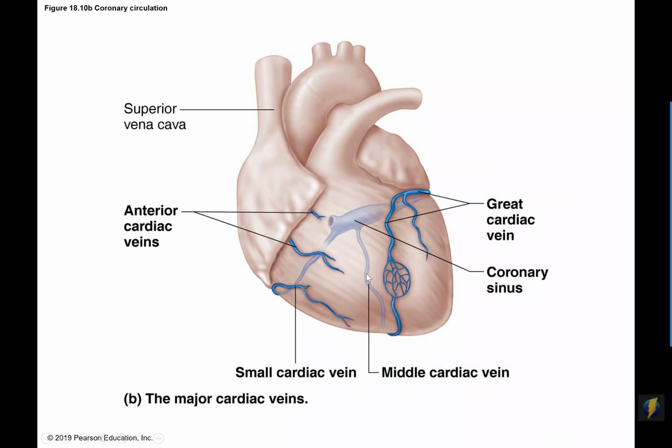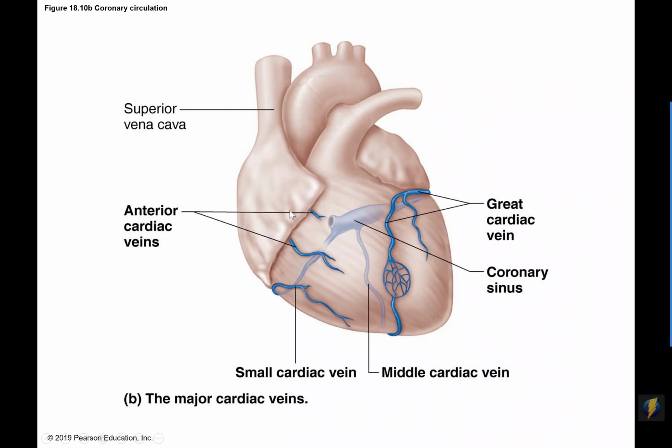If we look at the venous circulation of the heart, in the front we've got the great cardiac vein. It's this large vein here. The small cardiac vein is here as well. We also have these anterior cardiac veins, and then the great cardiac vein, the small cardiac vein, and the middle cardiac vein all merge with that big coronary sinus that I mentioned earlier.